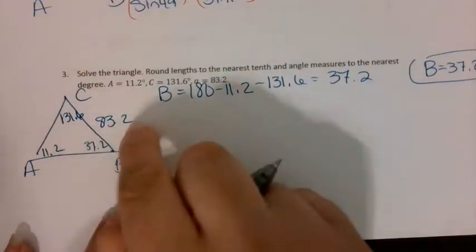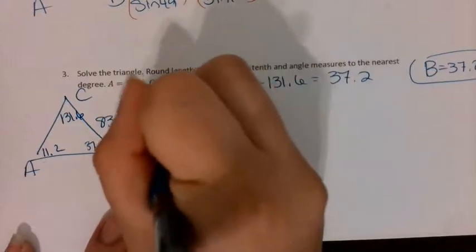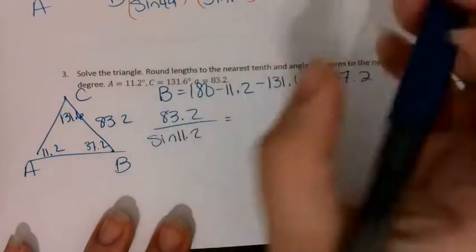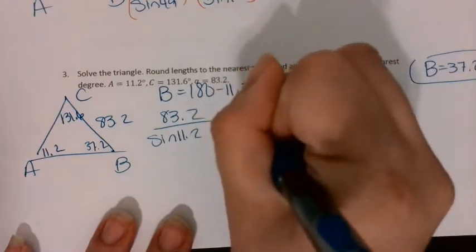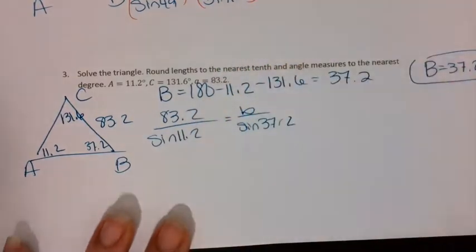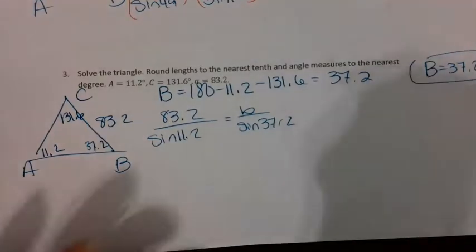I'm going to use my A pair to solve for the other one. So I have 83.2 over sine 11.2 equals little b over sine 37.2. To get my little b alone, I need to multiply by sine 37.2.